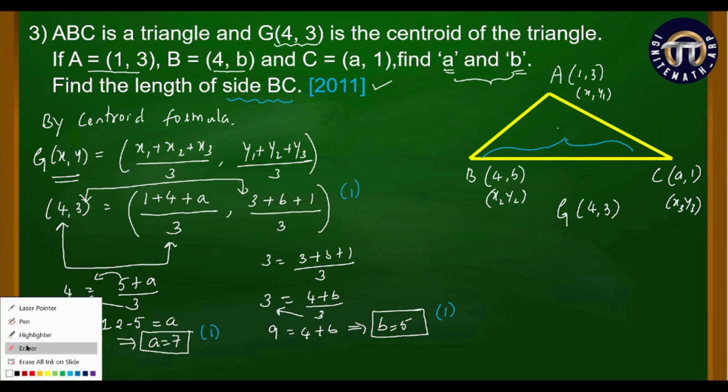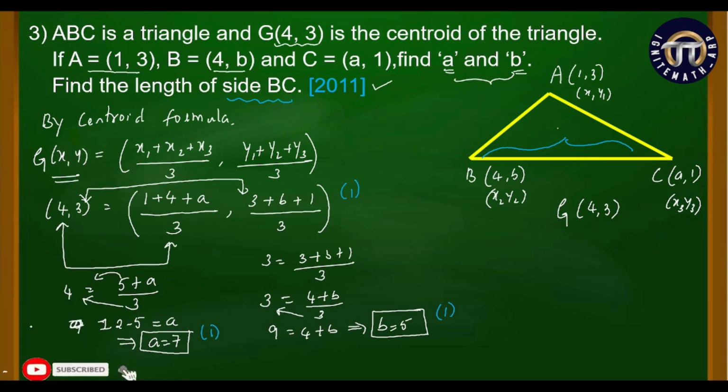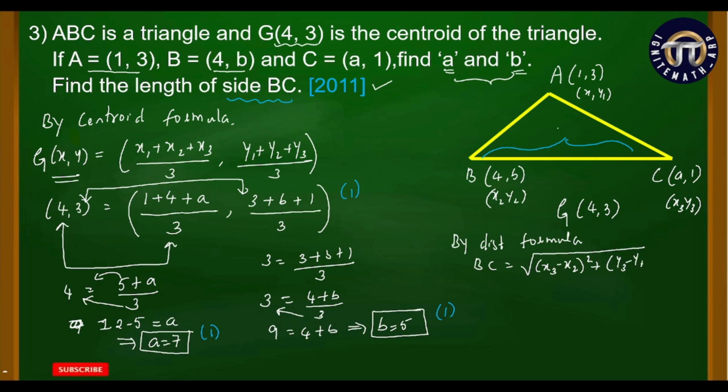Now I'll write distance formula once again. Pay attention, children. By distance formula, the length of BC is given by square root of (x3 minus x2) the whole square plus (y3 minus y2) the whole square.